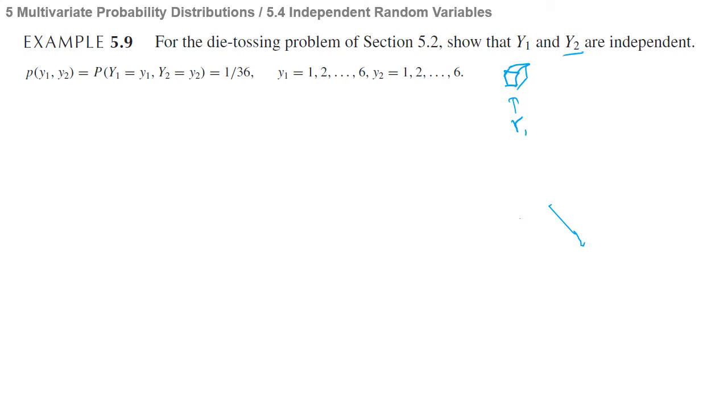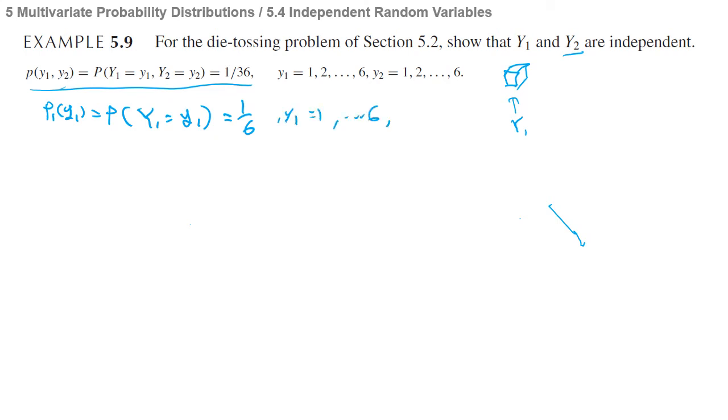Their joint distribution can be defined this way, and we can see this is p(y1, y2). We can see that p1(y1), the probability for Y1 equals small y1, is 1 over 6 for y1 from 1 to 6, and for p2(y2), the probability of Y2 equals small y2, is 1 over 6 again.